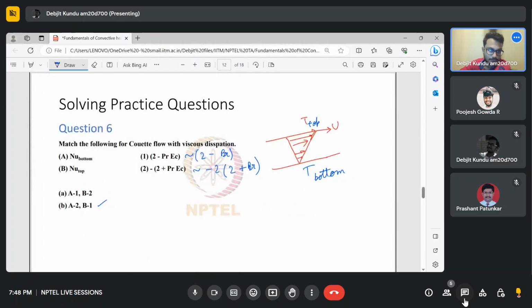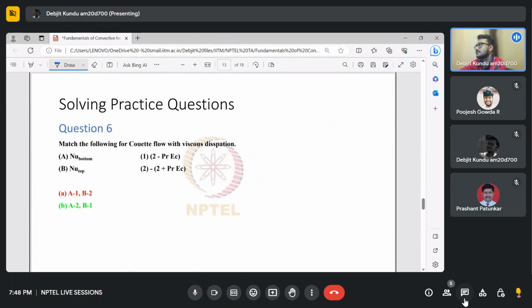Yeah. So let's have a look at the solution. The solution is option B, that is A2 B1, where A is this and B is this.